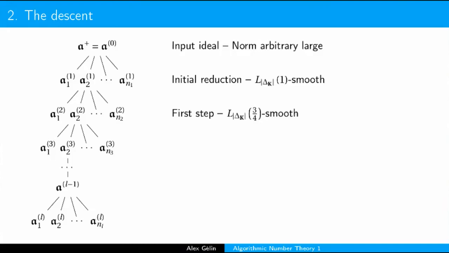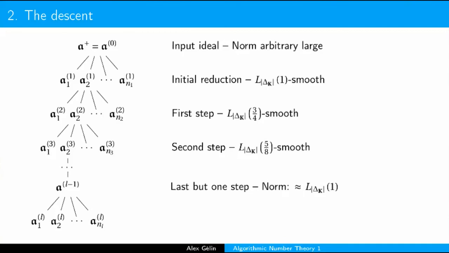And you see that the norm of all the ideals involved shrinks at each step. If you do that again, 9/8, so this is L of 5/8 smooth with probability L of 1/2, and in the end, what you get is something that is L of 1/2 smooth.